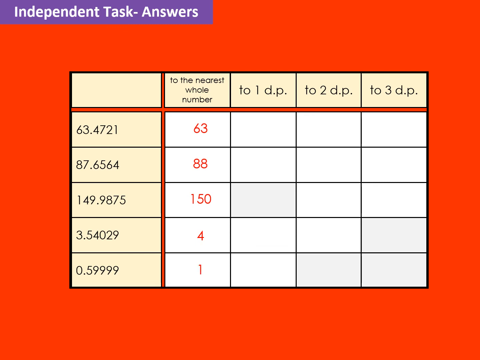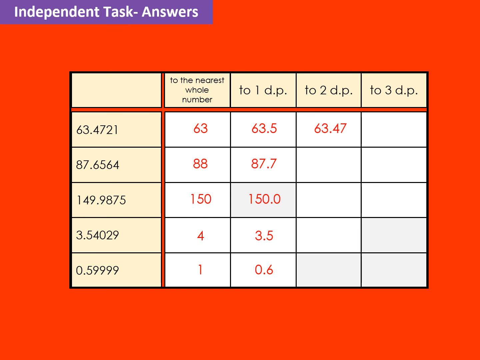Now to one decimal place, we've got 63.5, 87.7, 150.0, 3.5, and 0.6. You'll notice that 150 is exactly the same number as 150.0, but because we're rounding to one decimal place, we must put that 0 there, even though it's not significant to the number.